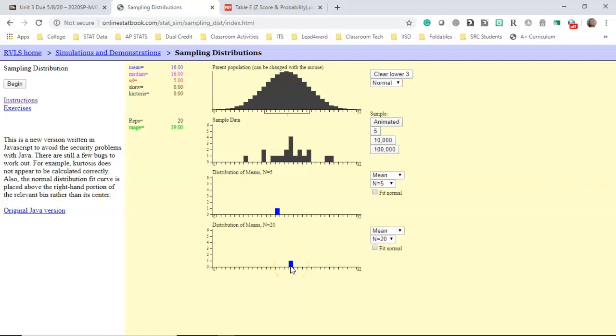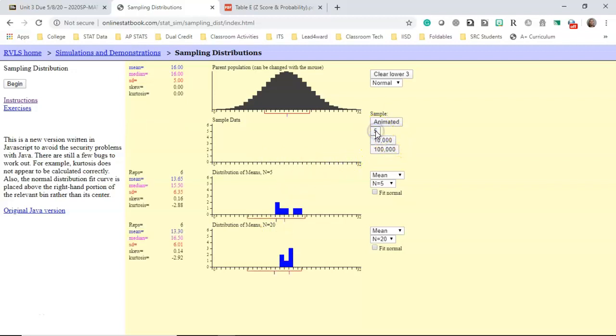So the second distribution that it's creating with the sample of size 20 gives us a far more accurate average of the population than the sample of size 5. And as we keep repeating this process over and over again, and I can take many, many samples at once, and in fact I can do 10,000, we end up seeing two distributions that have a similar shape to the population.